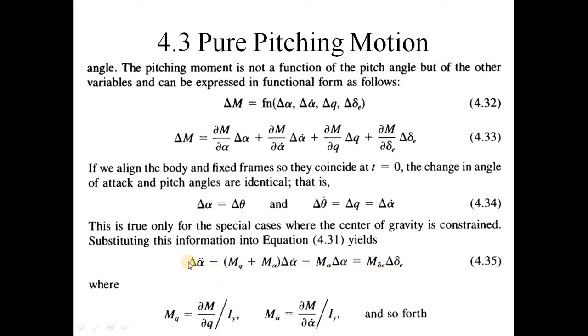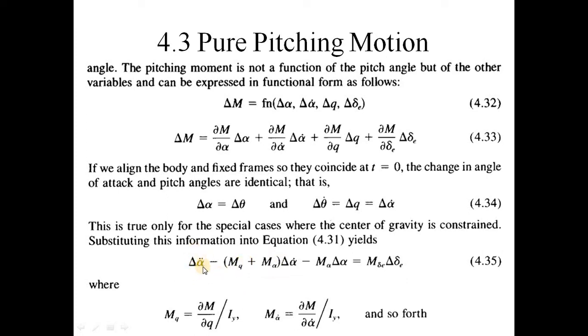Now we can see that alpha will be some sort of x in the second order equation. So M alpha, this derivative, will become like k over m, the spring constant over mass. Alpha dot will be our velocity, and minus Mq plus M alpha dot will be your c over m.